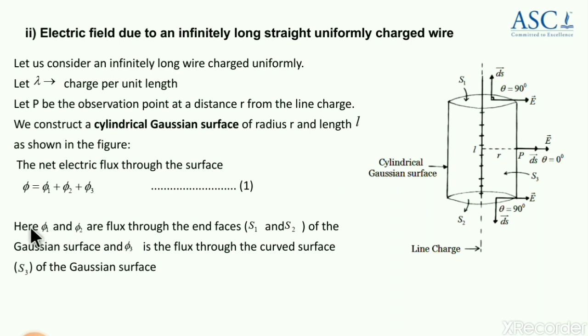Write that also. Here phi 1 and phi 2 are flux through the end faces S1 and S2 of the Gaussian surface, and phi 3 is the flux through the curved surface S3 of the Gaussian surface. Now clearly define where we have actually kept phi 1, phi 2 and phi 3, that is fluxes along this surface.